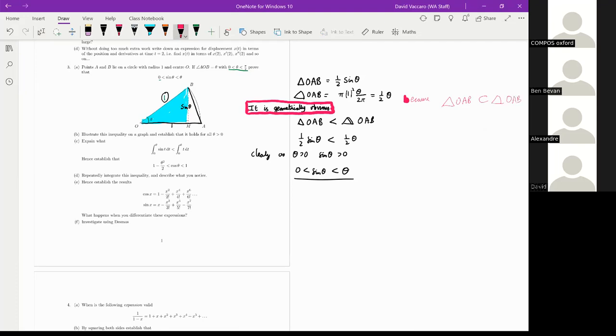So it's a subset. And then there's some axiom of geometry which says that the area of a subset is less than the area of the whole set. And to prove that, you would need to show that this line segment AB lies inside the circle.